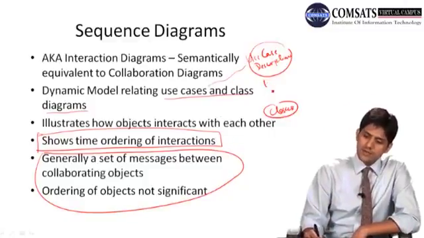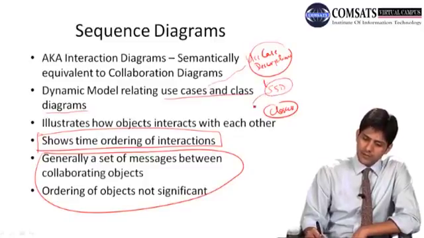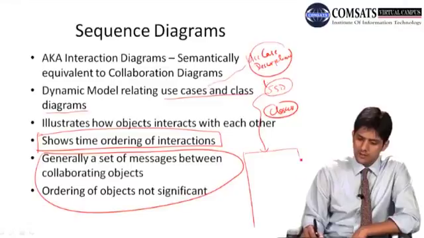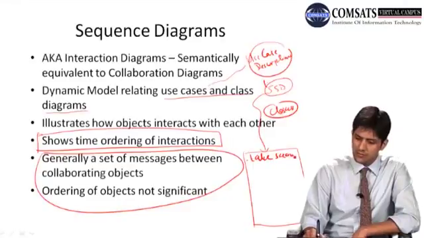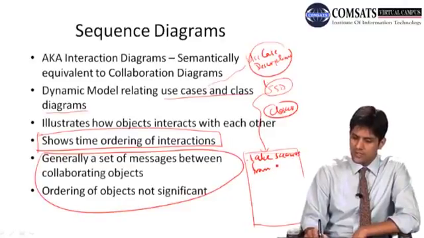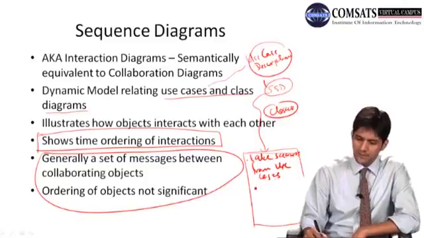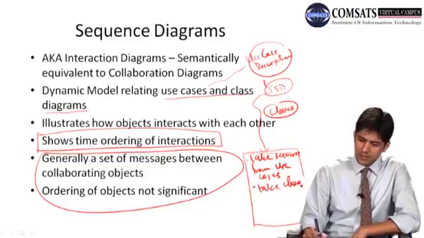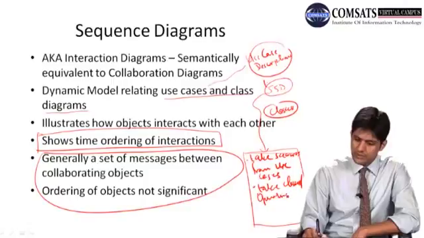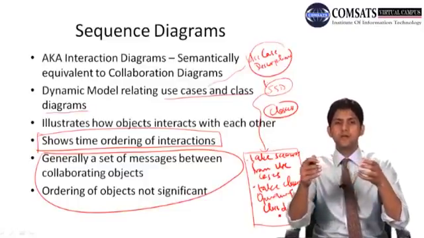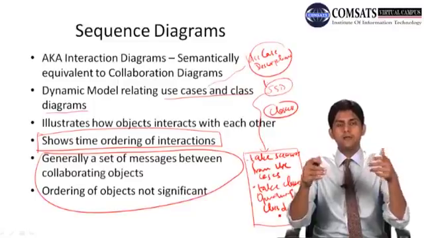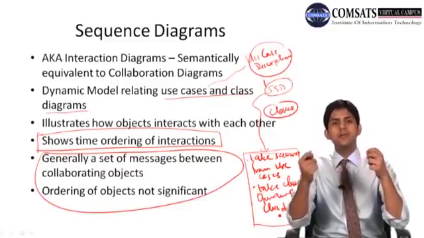So what do we do in a system sequence diagram? We take scenarios from use cases, and we take classes and operations from class diagrams, and for a particular scenario we say, when a particular interaction occurs, this will be the interaction between different objects.